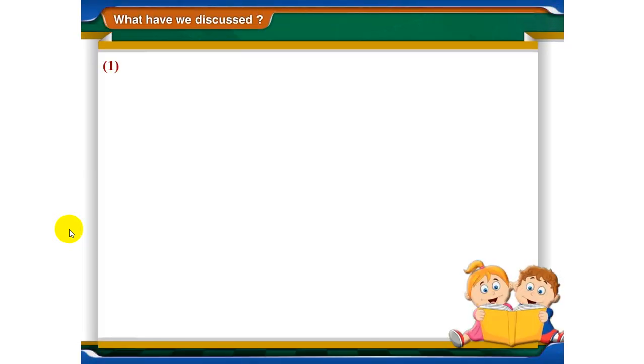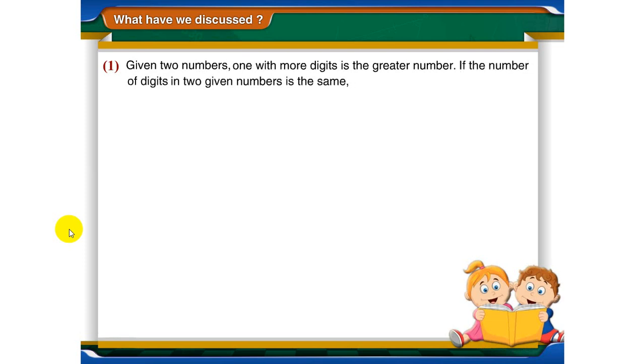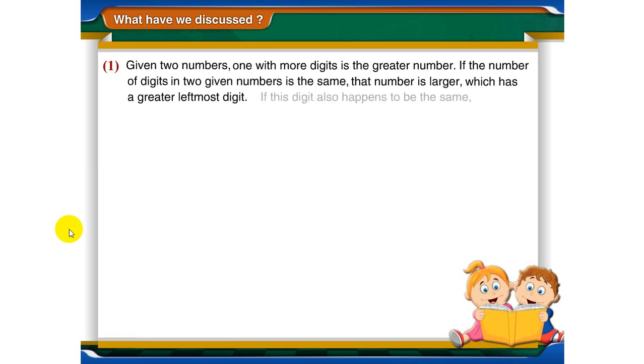What have we discussed? 1. Given two numbers, one with more digits is the greater number. If the number of digits in two given numbers is the same, that number is larger which has a greater leftmost digit. If this digit also happens to be the same, we look at the next digit and so on. 2.